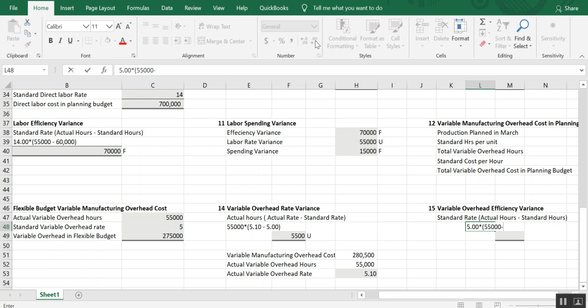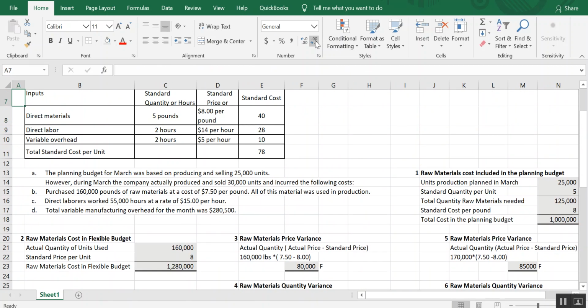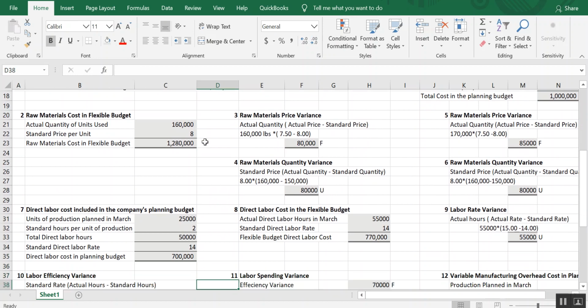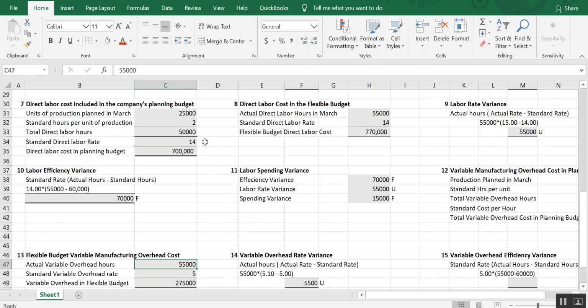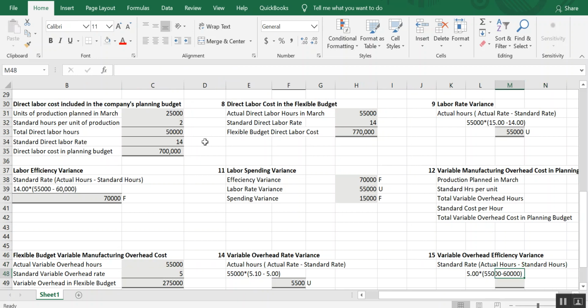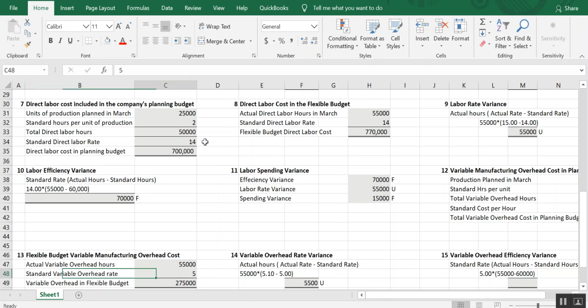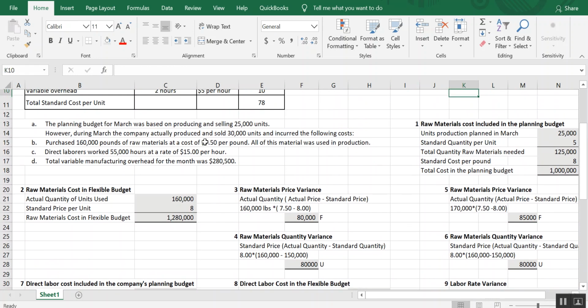And remember, we produced 30,000 units, so the standard hours for those 30,000 units would have been 60,000, because the standard is 2 hours per unit produced.